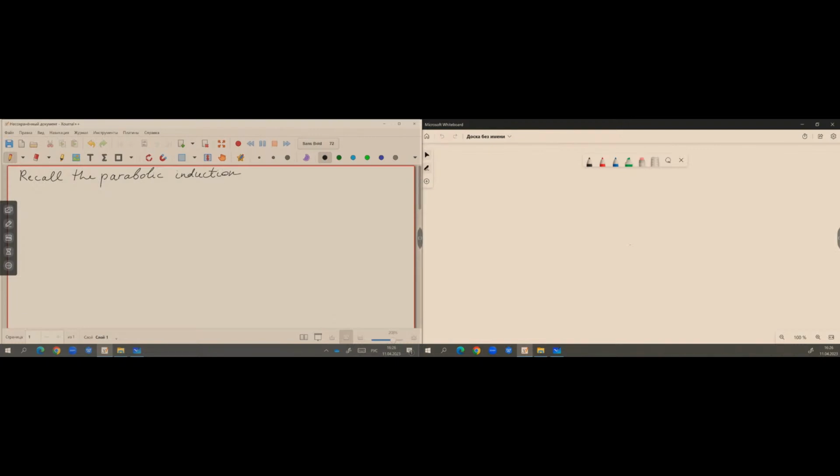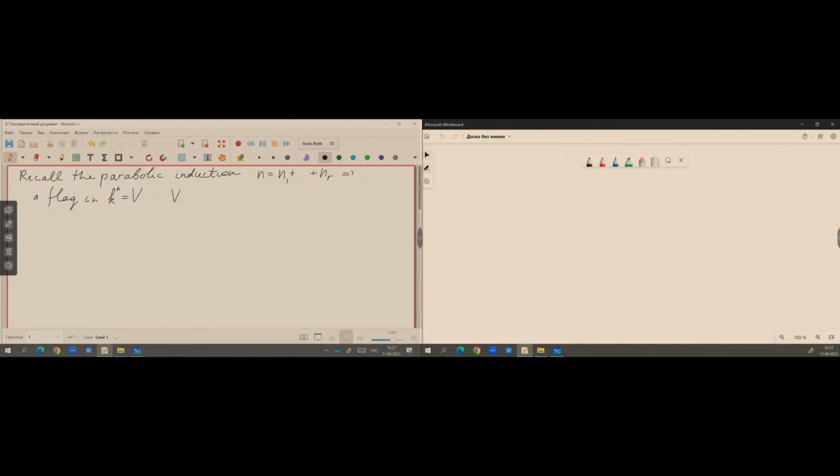So we have a partition, and not a partition, rather a composition, n equals n1 plus so on plus nr. And we associate to this composition a flag in our n-dimensional space.